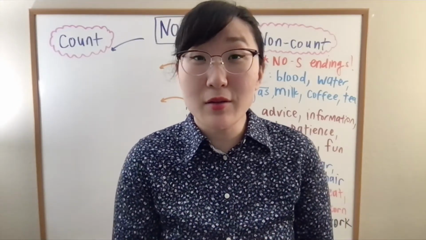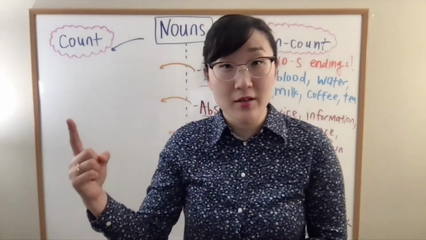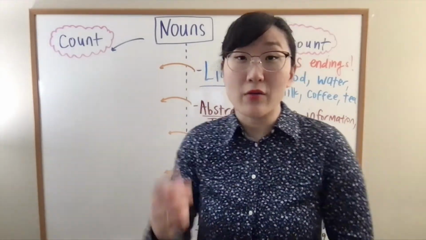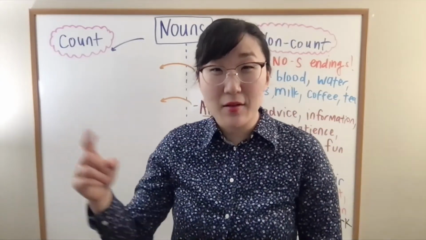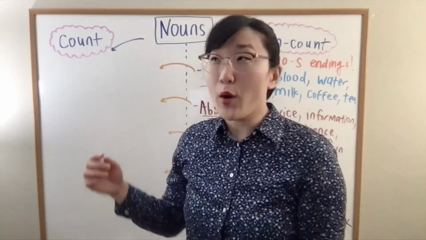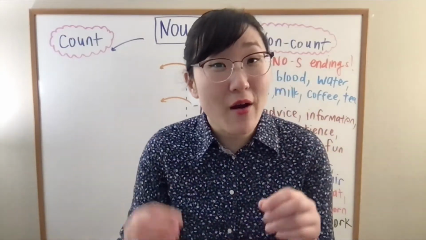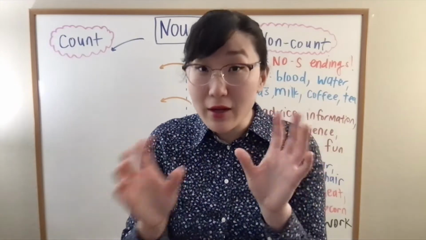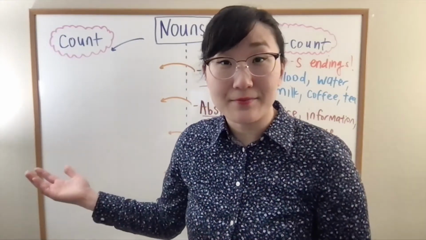We also know there are irregular nouns, right? So you have 1 person, 2 people. You have 1 child, 2 children. Or 1 man, 30 men. Or 2 women, or 1 woman, right? So there are singular and plural irregular nouns, but usually regular nouns will have an S ending.